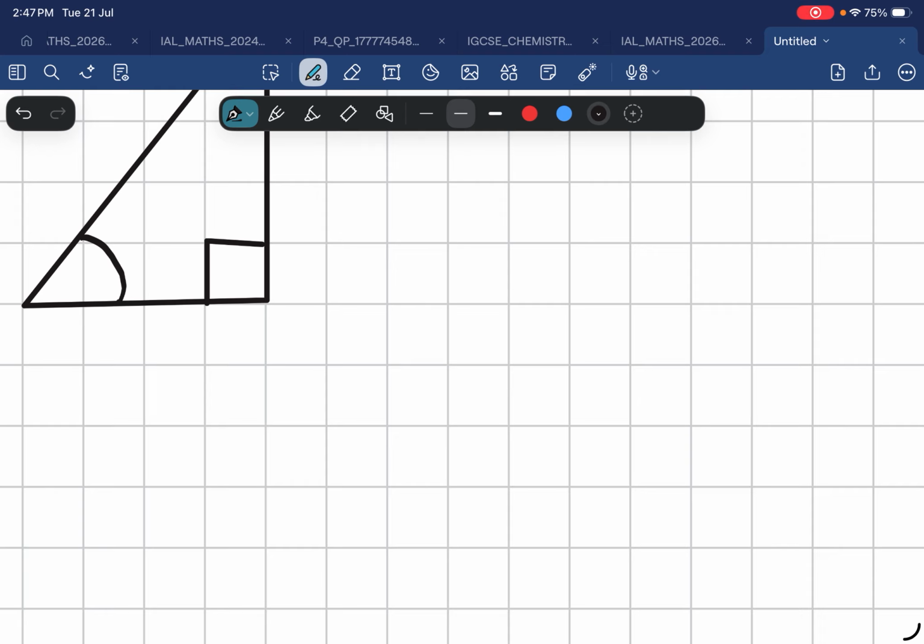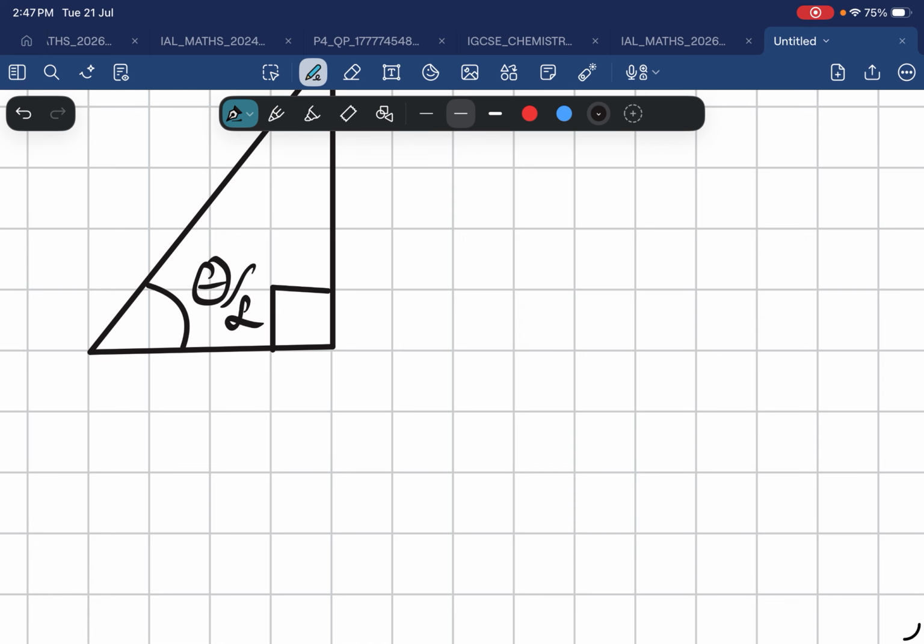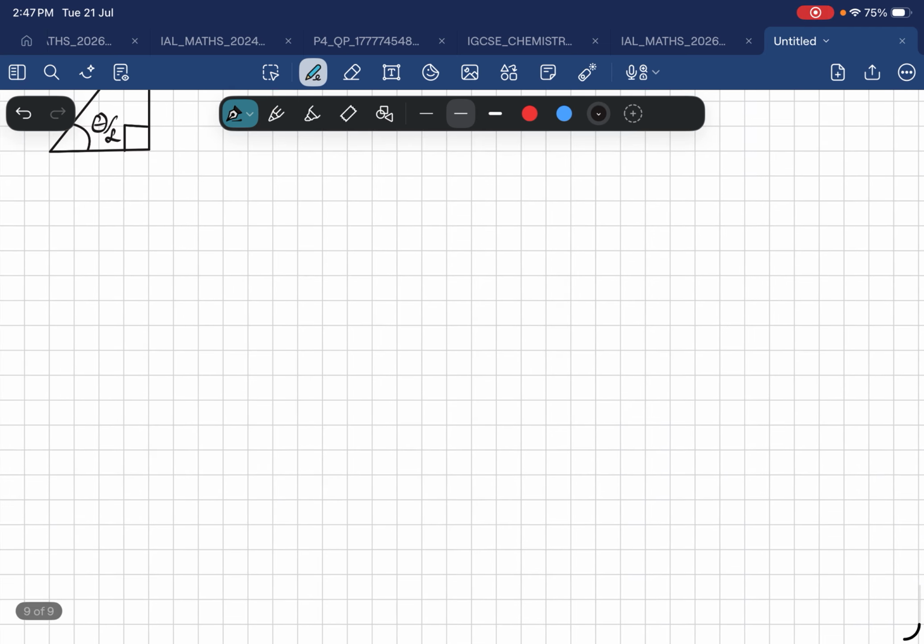This is the acute angle, and this is theta or alpha. Theta or alpha is the angle that can be given by the question. In the question, they may tell you to find out the angle, so it is denoted by theta or alpha.